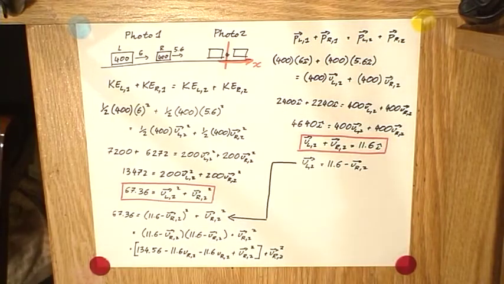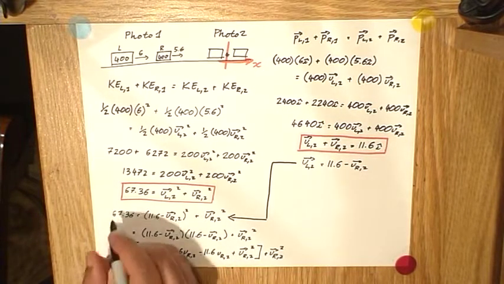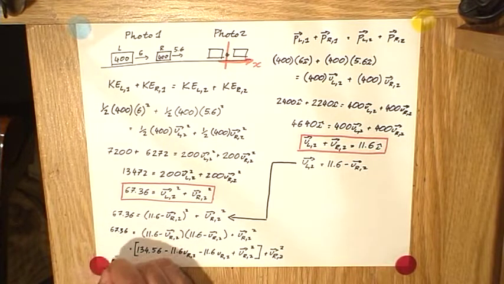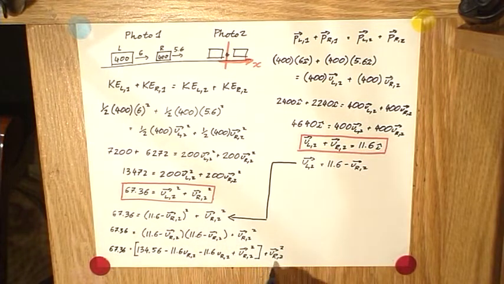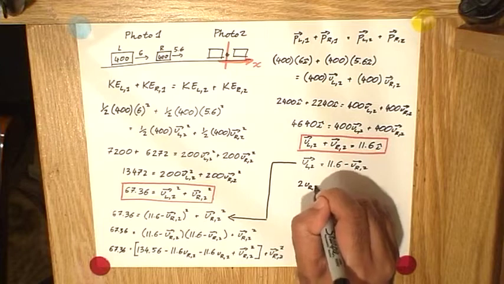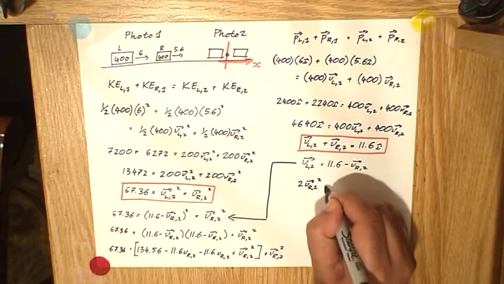So, what are we going to do now? We are going to simplify this entire equation that we have here. Remember that this whole thing was equal to 67.36 the whole time. We are now ready to simplify this and combine all the like terms. So VR2 squared plus VR2 squared is going to give us 2 VR2 squared.